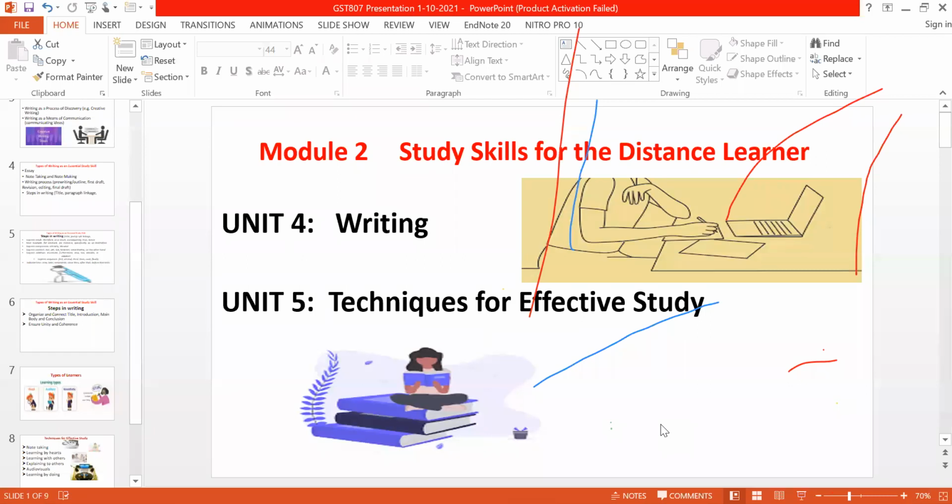Then we have the oral learner. They learn by listening. There are some people, once they listen, they are okay with that. Then we have the verbal learner. They read and then they jot points down. We have the tactile learner. They learn by doing it, by practicing what they are learning. So that's okay.